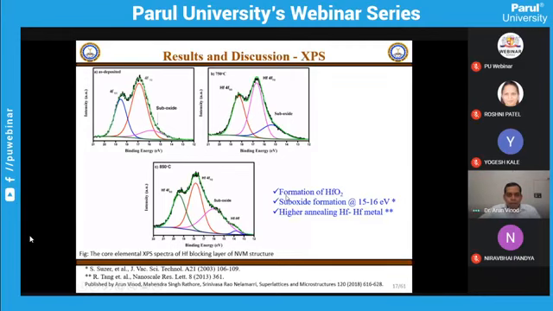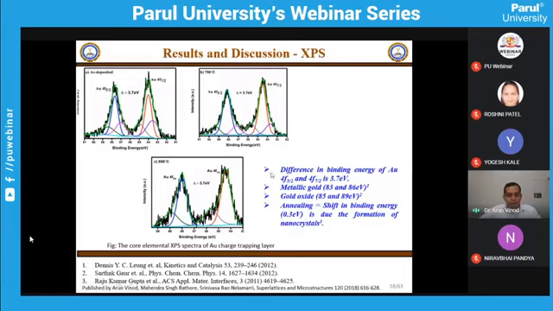In the case of the gold charge trapping layer, what we understood from the depth profiling through XPS is that, as in previous literature, we can see the main peaks at 83 and 86 eV for Au 4f5/2 and 4f7/2 as expected.